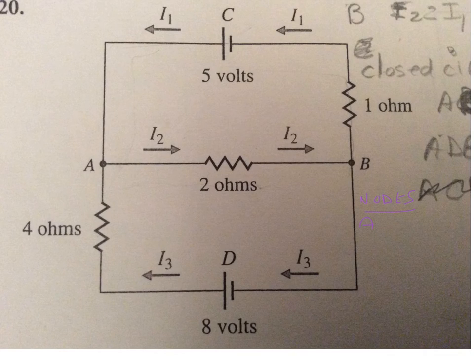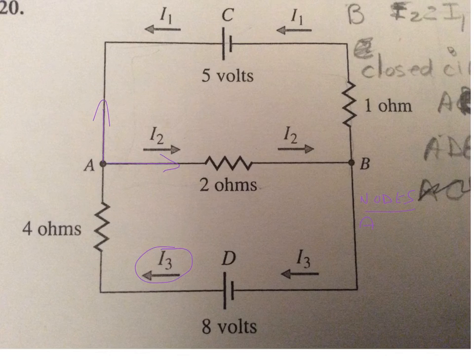At node A, we have the current coming in as I3 into node A, and then it's going out as I2 and negative I1.